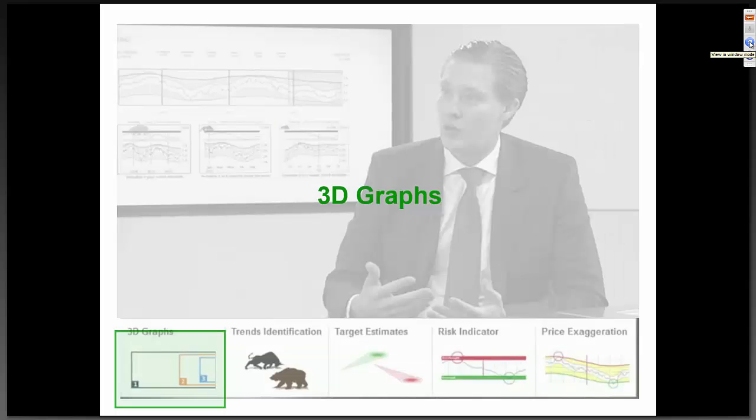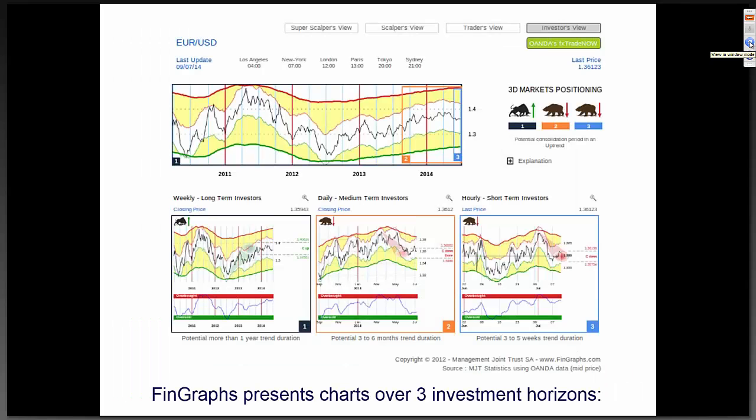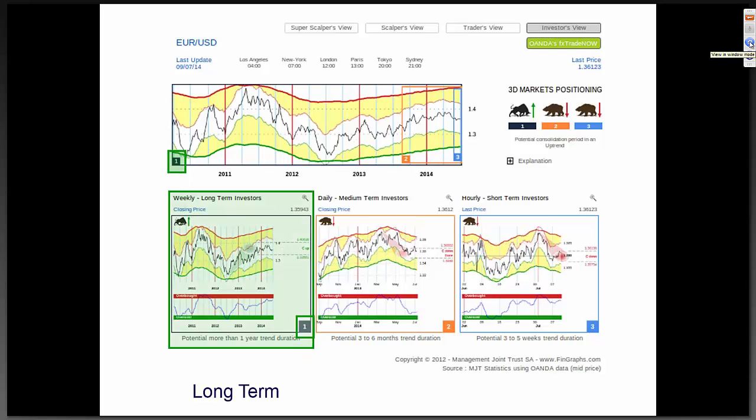So let's go into the methodology. 3D graphs. FinGraphs presents charts over 3 investment horizons. Long-term, which you can see in the left side time box, and which is also posted in the summary box above.